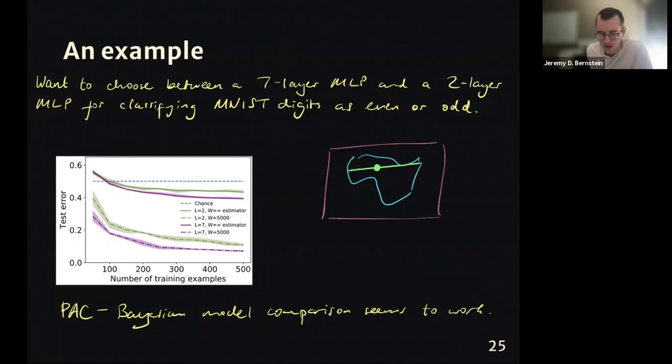An example is, I saw a talk by someone who said that if you believe that the evidence is important, and you have a Gaussian process kernel that depends on a parameter, you can actually optimize the evidence with respect to that parameter.